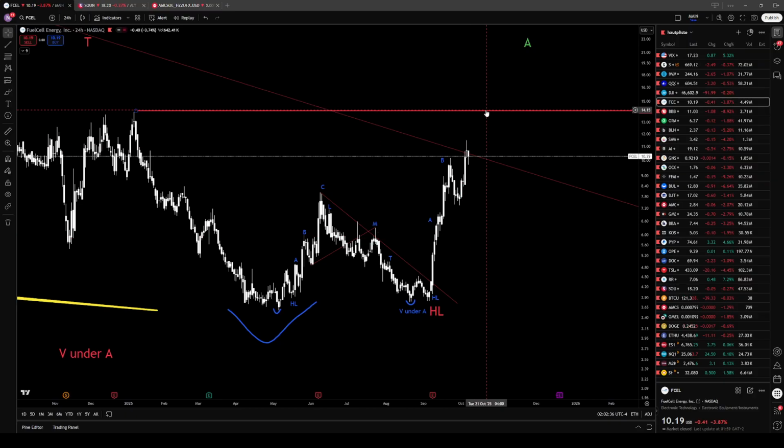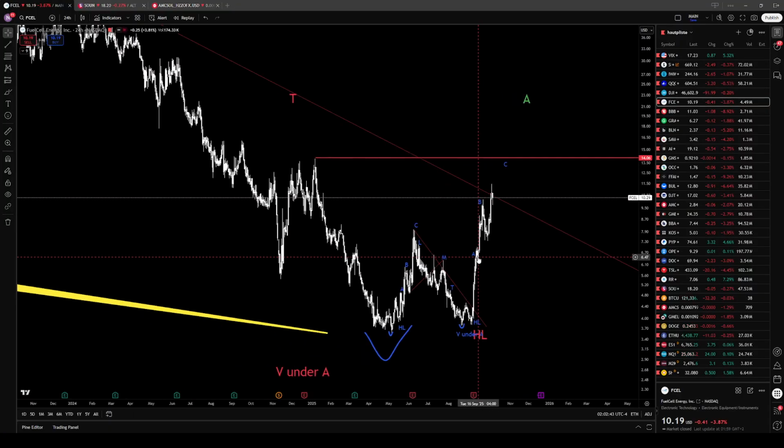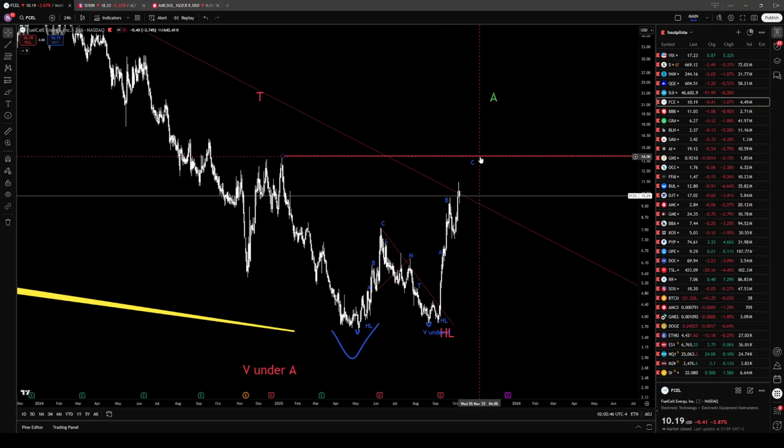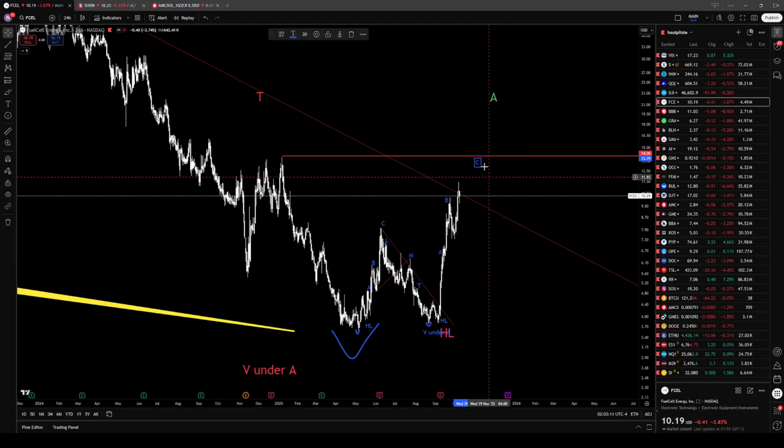Now we're looking for C, which would be our big A. And then if we are looking for a pullback, because I already showed we don't have to, it would be around the big A, which would be our big C, small C. For the small tracking, I don't think we have to go that low for the V and the A. I would think about just a retest.